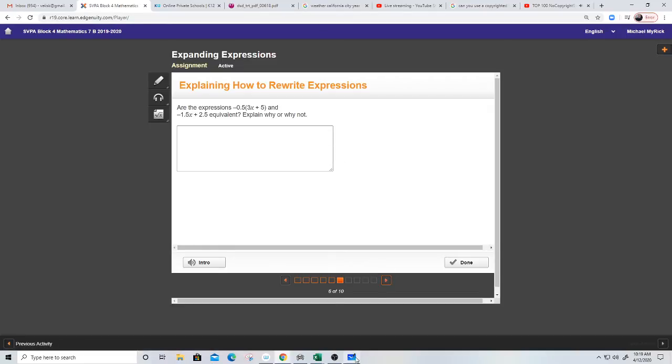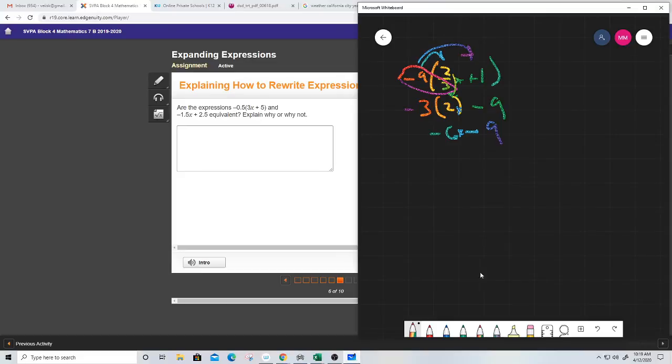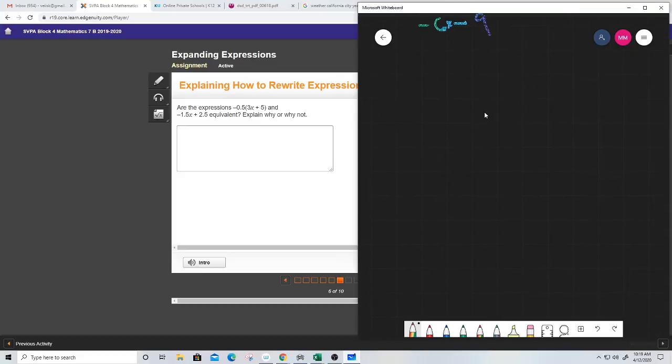Determine whether the expressions are equivalent. Again, maybe semi-moving parts, but the best thing to do is just do it. Negative 0.5 times 3x plus 5. Again, distribute. We're going to get negative 1.5 because negatives times positives are negative. And then negative half times 5 is a negative 2.5.